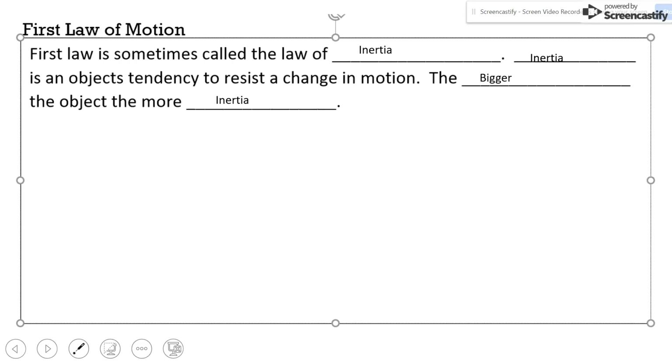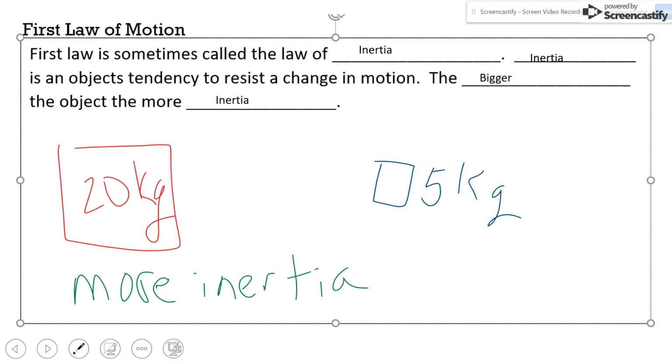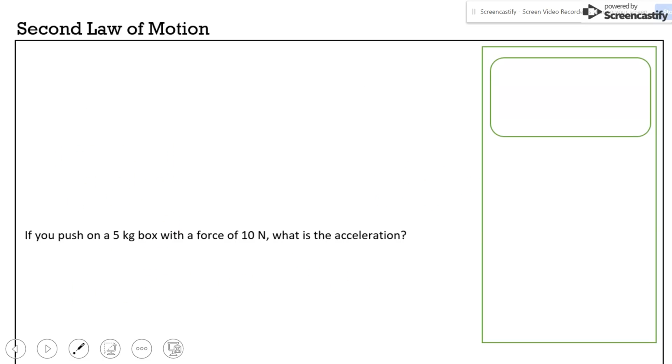A car is a heck of a lot harder to push out of the way than a person would be. If we had a 20 kilogram object and a 5 kilogram object, obviously our 20 kilogram object should have more inertia because it's bigger, it weighs more. There's more stuff in it to move than our 5 kilogram object.